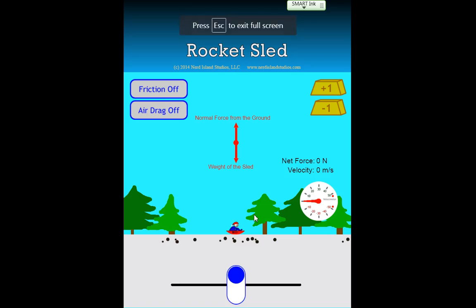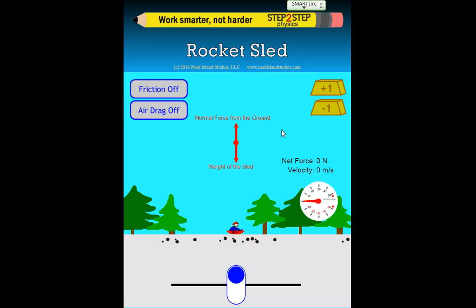Okay. So right now, if you look at the free body diagram, we're going to talk about those a little bit later. You can see that we have the weight of the sled, obviously downward, and then this normal force from the ground pushing upward. Okay, so watch what happens to the arrows as I add more weight, or in this case, more mass, pardon me, if I add more mass.